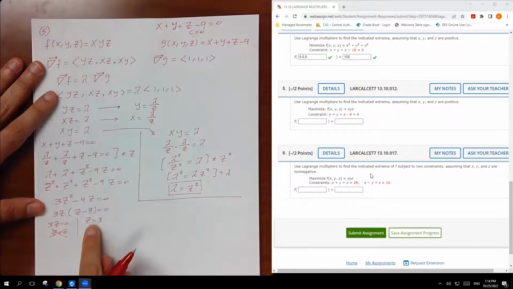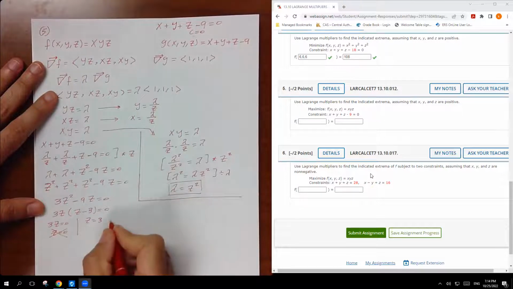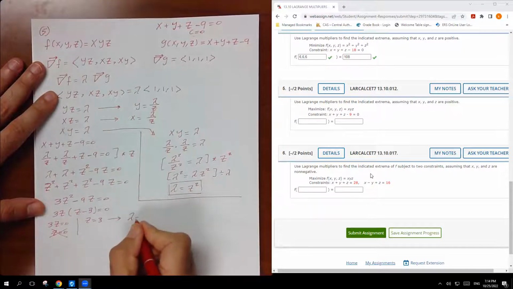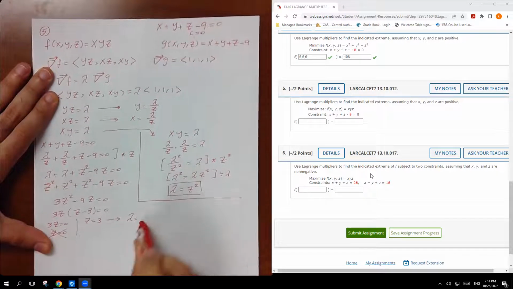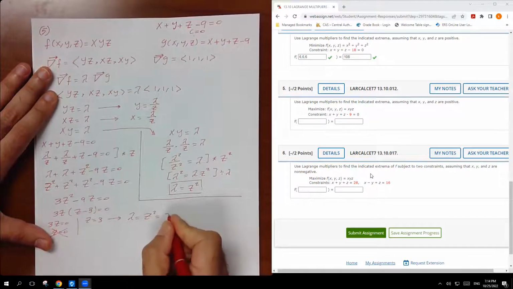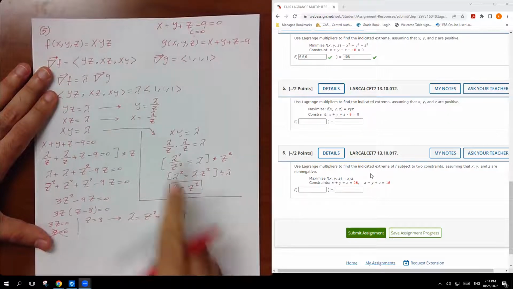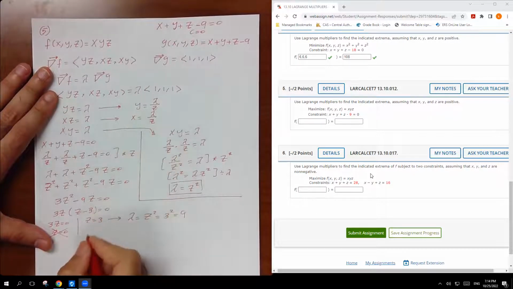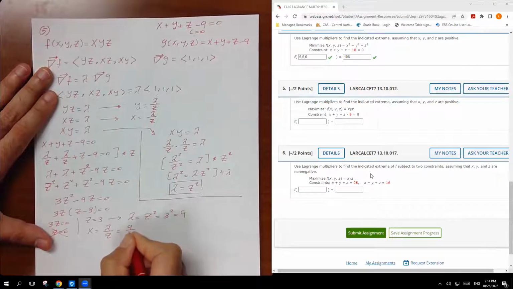If Z equals 3, that means lambda equals Z squared, which is equal to 3 squared, and equal to 9. So lambda equals 9, I can find y and x. X is going to be equal to lambda over z, which is 9 over 3 and equal to 3.